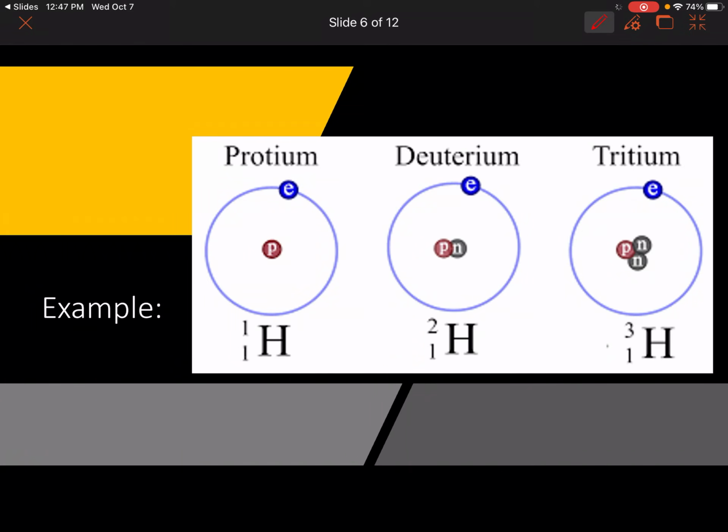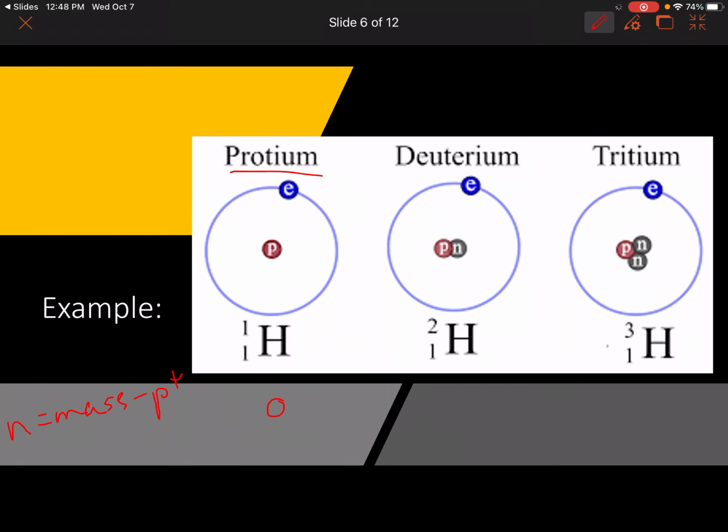First, protium, this is the one we're used to seeing, right? The mass number is 1, and the atomic number is 1. If we look at this one, how many neutrons does protium have? It'll be 0, right? Because remember, neutrons is equal to the mass subtract the number of protons.